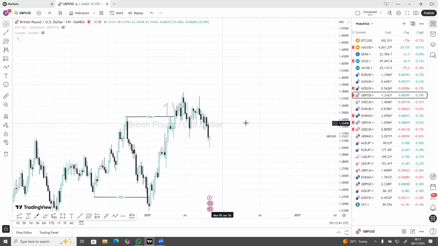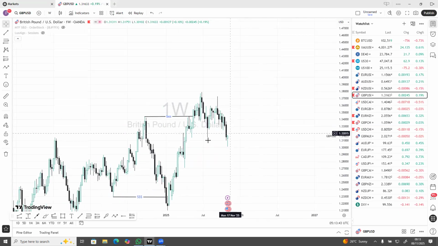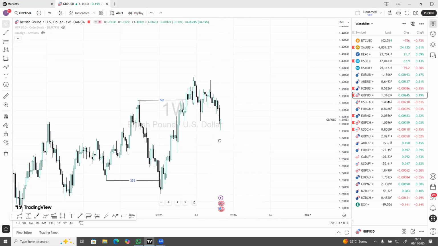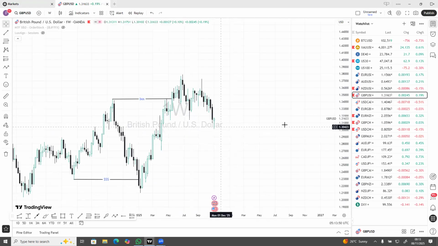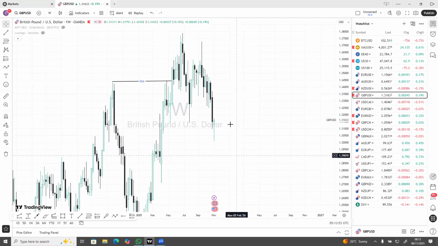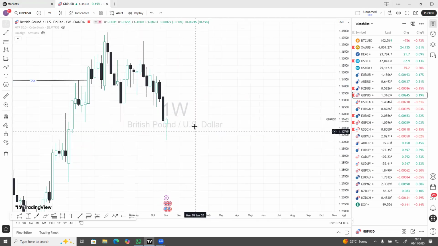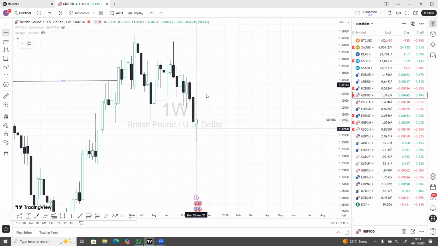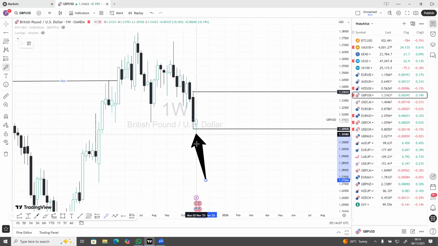Weekly bias is bullish, given how your market structure has formed, so we can deal with the candlesticks. Last week's candle closed with a manipulation. You can see it created a beautiful CRT model. It closed with the manipulation candle.